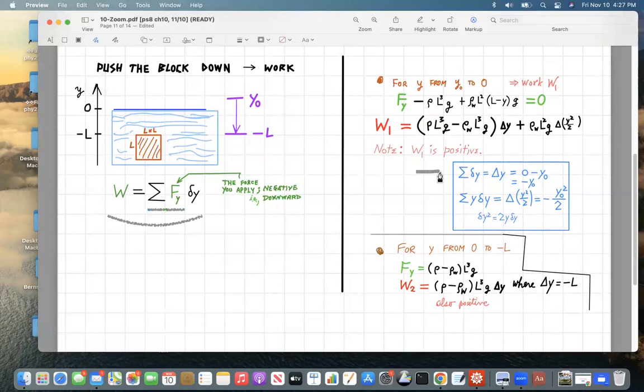So you're going to need these two tricks to do the sum over y. It's a little easier in case of W2 because in that case the force doesn't depend on y. So you just need this fact that the sum of all the small displacements is just the total displacement, which for the second part of the problem is just from 0 to minus L. So that would be a displacement of minus L.